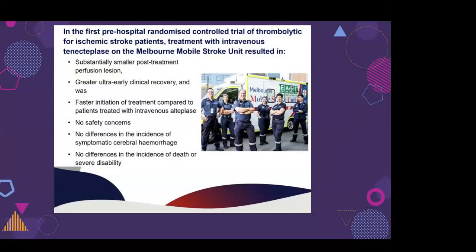They concluded that in the pre-hospital setting, meaning before they even got to the ED, because this was done in a mobile stroke unit, TNK resulted in a substantially smaller post-treatment perfusion lesion, greater ultra-early clinical recovery, and faster initiation of treatment compared to patients treated with IV alteplase. One reason I can think of is that it's a bolus and not an infusion, so things can be moved faster. And no safety concerns as such, no difference in the incidence of symptomatic ICH, and no difference in mortality as well.